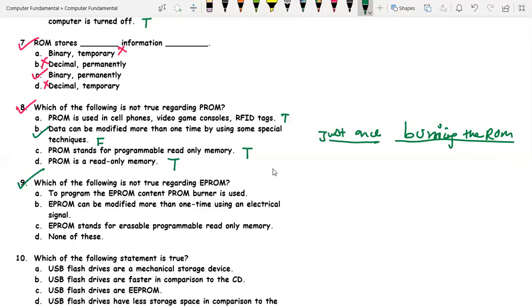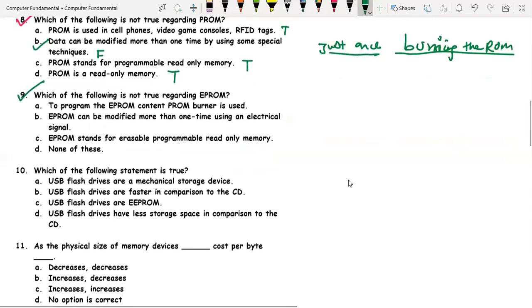Question number 9. That's not true. To program the EPROM content, PROM burner is used.